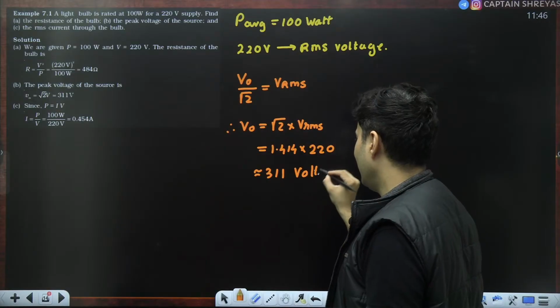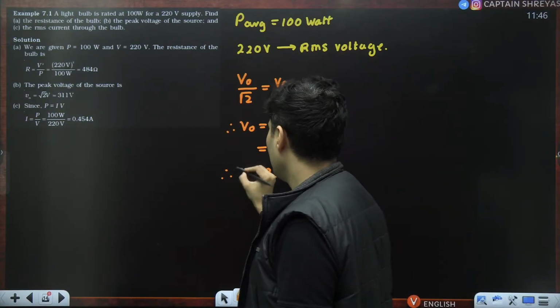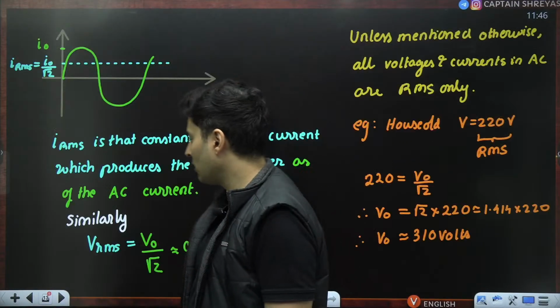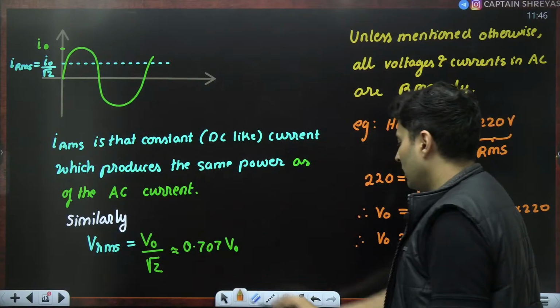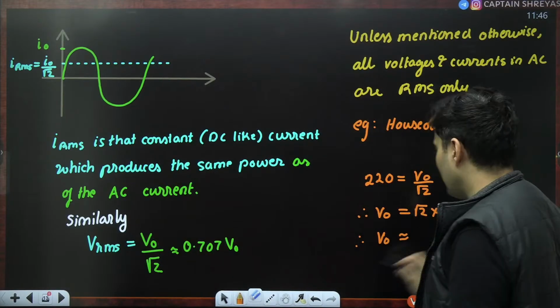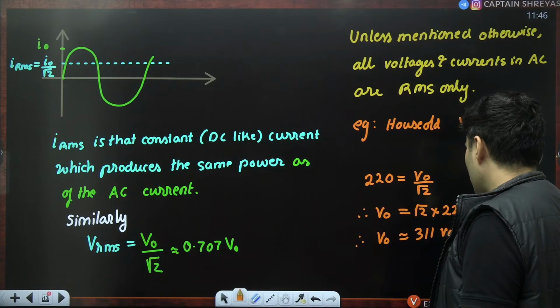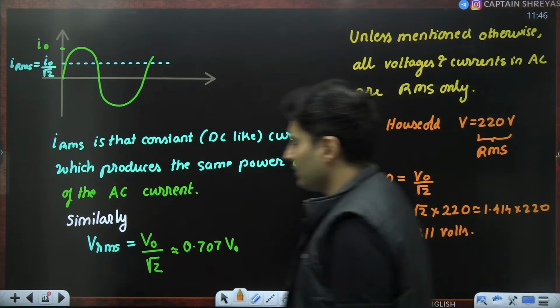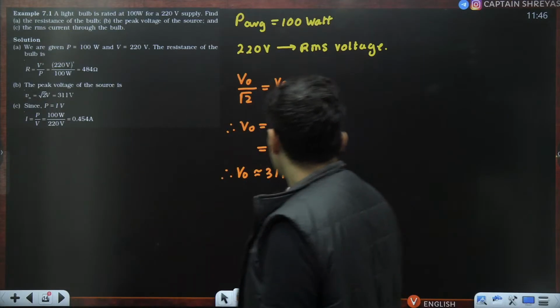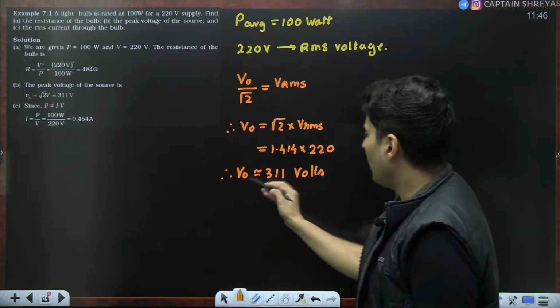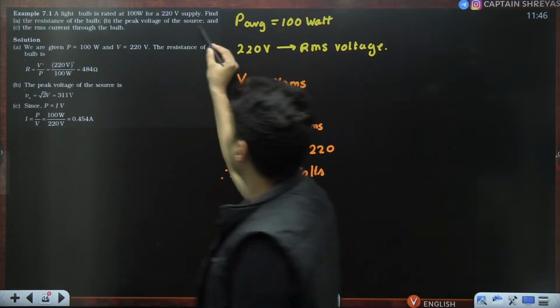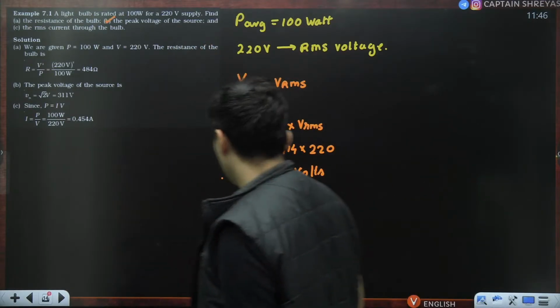I had approximated it to 310. So don't get scared, thinking why 311 here. If you do more calculations till the third decimal, it will come to 311 volts. Approximately we get the answer. So I got the maximum voltage, the peak voltage of the source. Option B we have done.